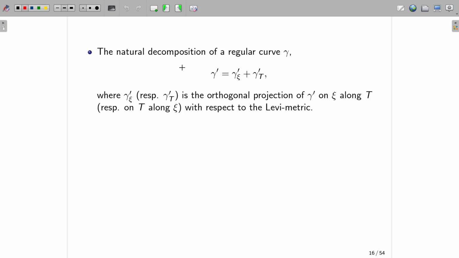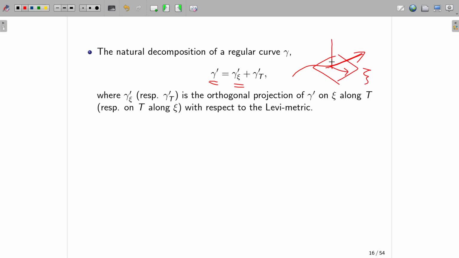There is a natural decomposition of a regular curve. For a regular curve, this is the Euclidean tangent of the curve, and it can be decomposed into two parts. One is on the contact plane.